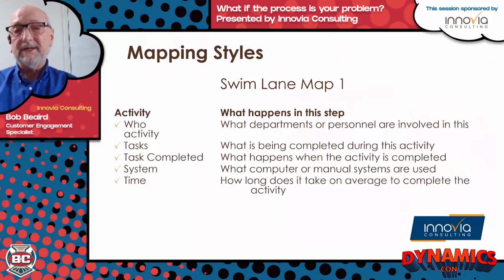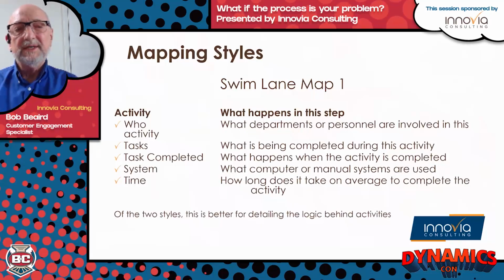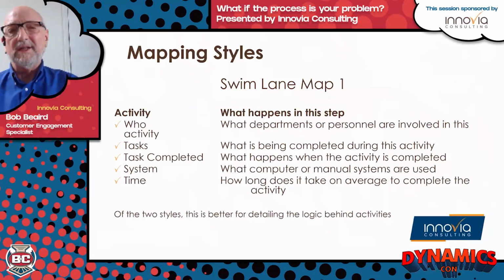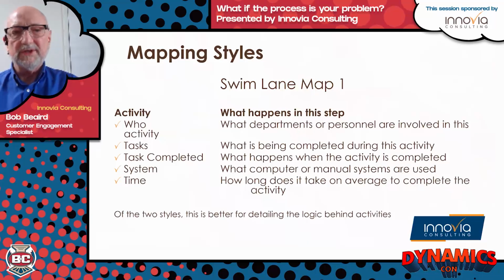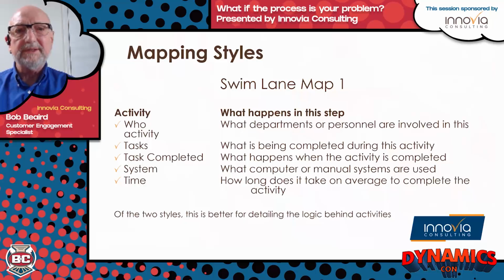So how long does it take on average to complete an activity? Of the two styles, this method is better for detailing the logic behind activities. It gets closer to the programmatic flow behind activities, so it's a little more granular than the second method.